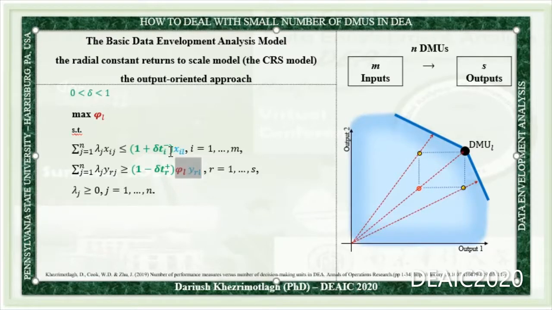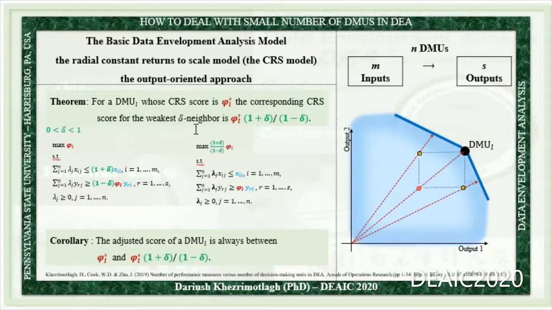As T i minus changes from 0 to 1 for each input and output, we will have one of the neighbors. This DMU is the most efficient neighbor of DMU L. That means all the other neighbors have DEA efficiency scores between the worst efficient neighbor and the best efficient neighbor. So what's the efficiency of this DMU?